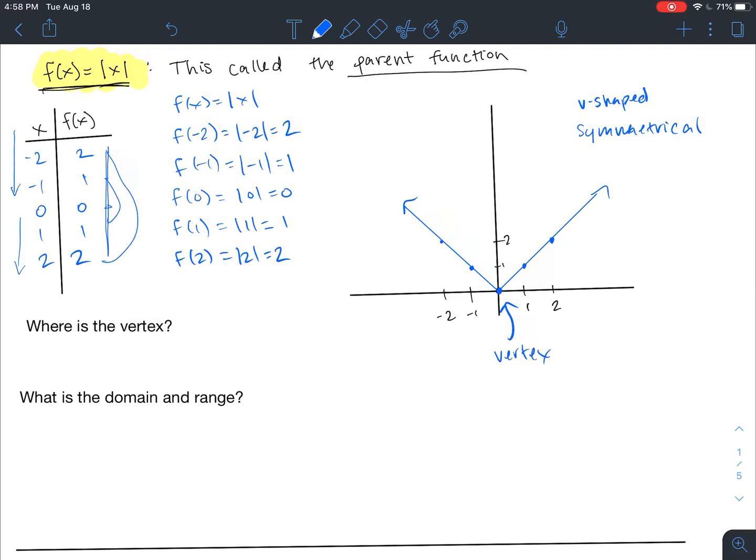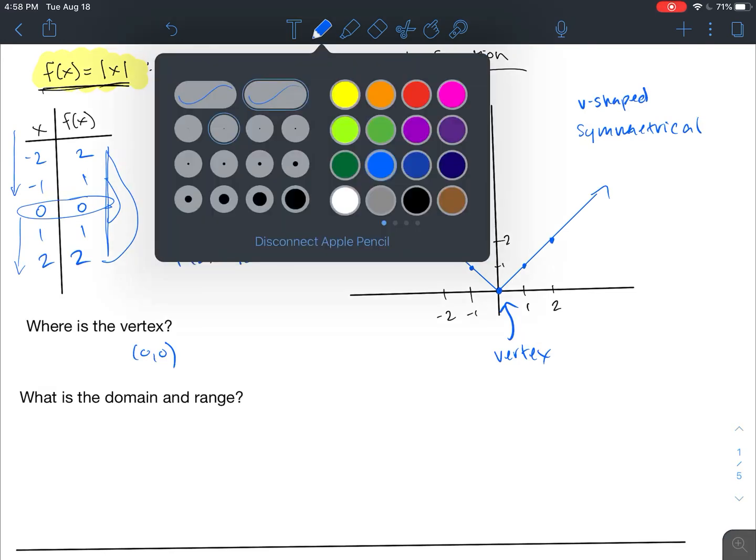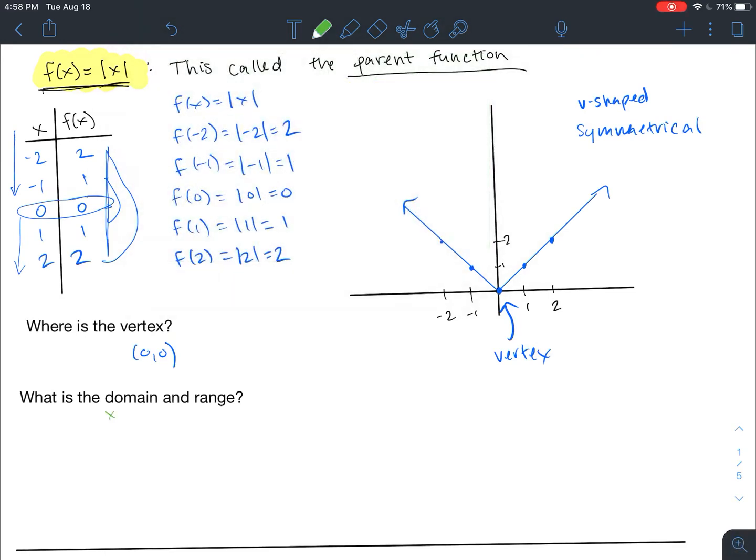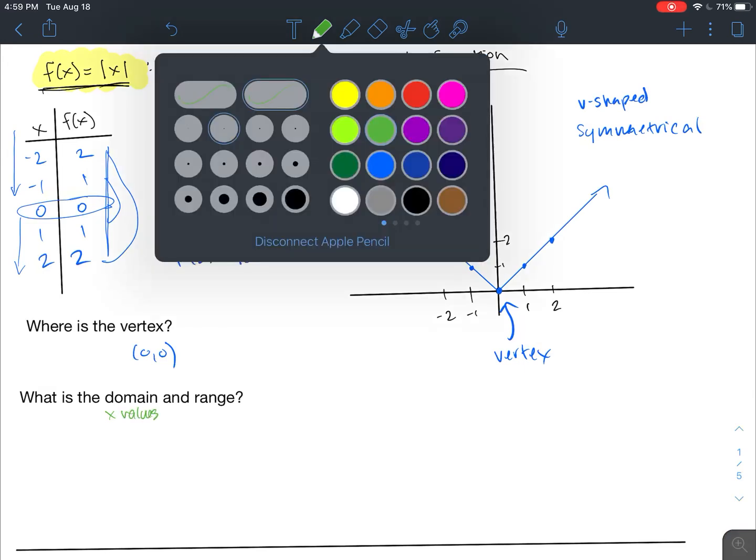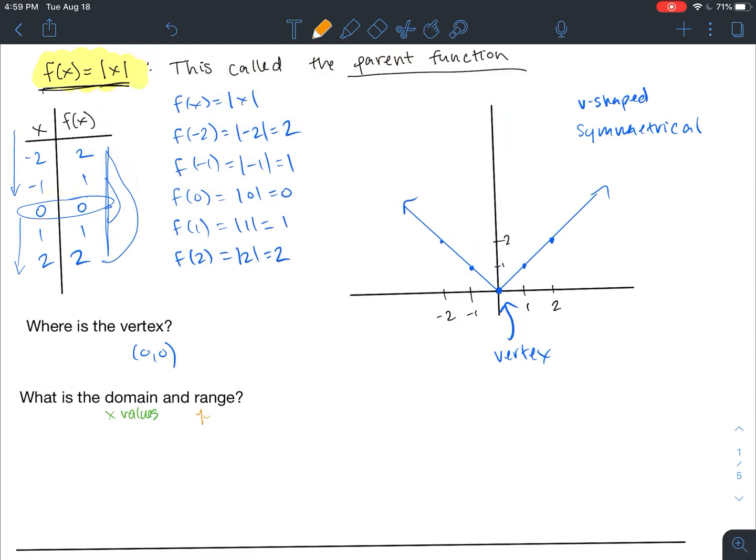In this case, the vertex right here is at 0, 0. And now let's talk about the domain and range. So our domain, we're talking about our x values. And our range, we're talking about our y values.